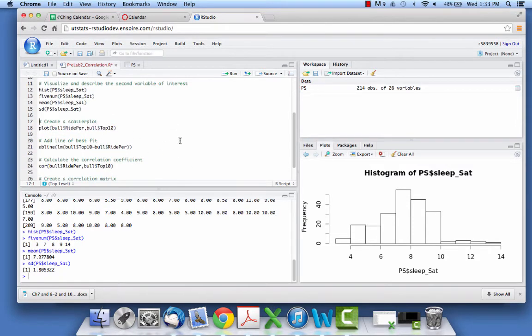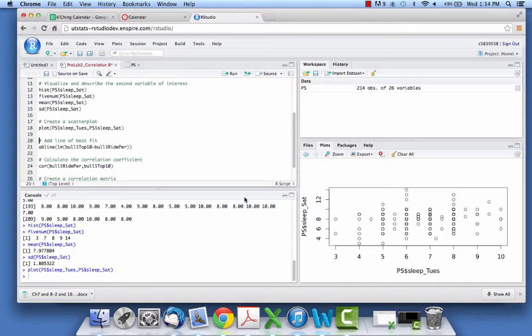Okay, so I'm going to talk to you a minute about these things here, the plot and the outline. When you run the plot, this is just the exact same plot from before. This will do Tuesday, Saturday. Okay, so that's a plot.